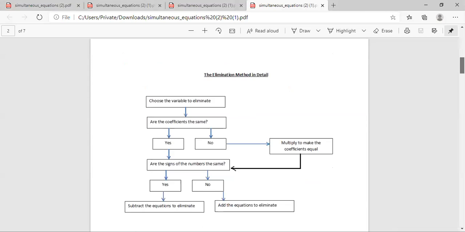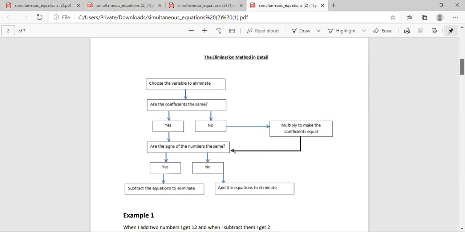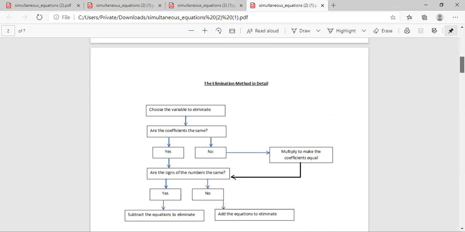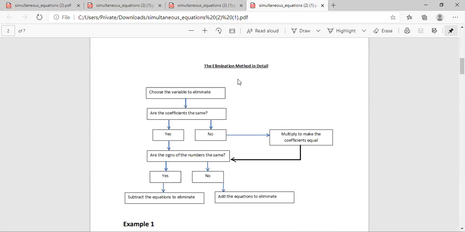So this document is something I sent this morning. You can go through it. It's a flow diagram of how we solve by the elimination method. I will go through it while teaching, and then you can come back to it and you will see that whatever I said is exactly what is here.